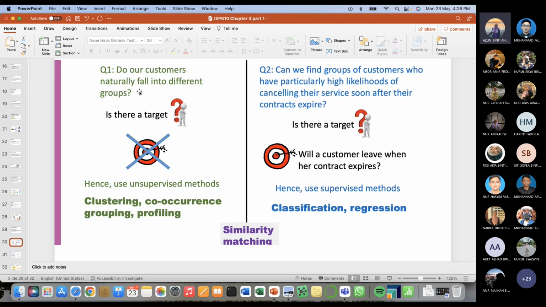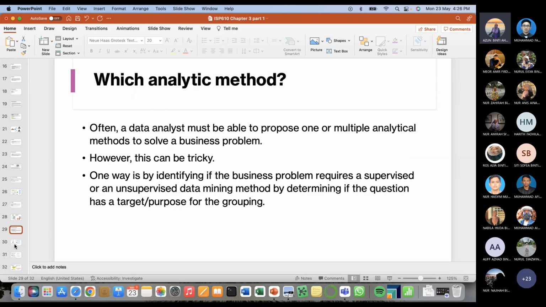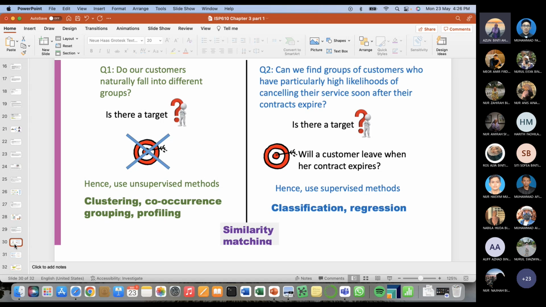And let's say we have two sessions. Okay, ni dia punya two condition. So one, do our customers naturally fall into different groups? Okay, you dah ada target belum kat situ? Okay, do you have a group?